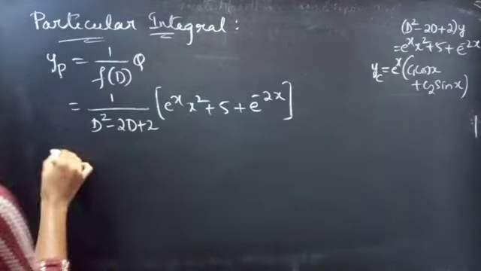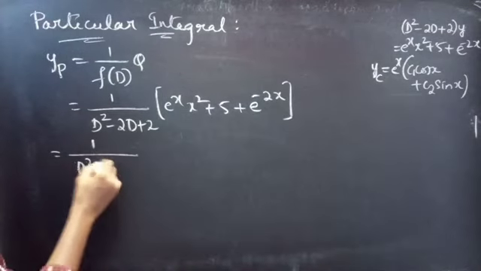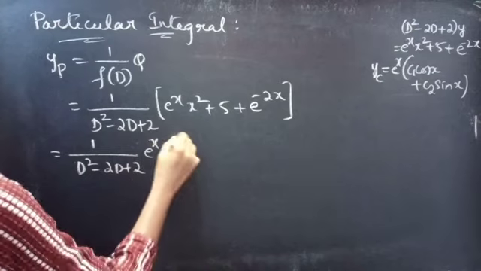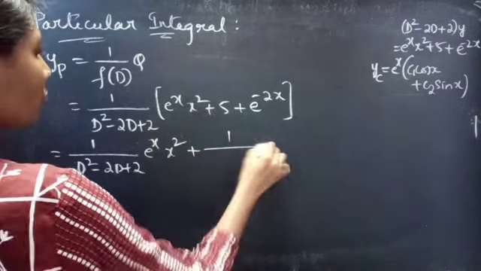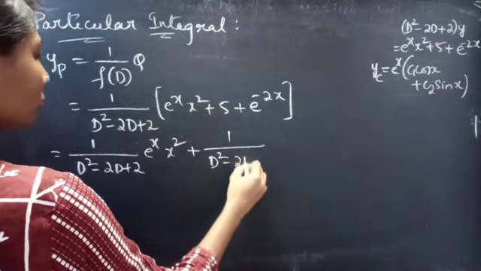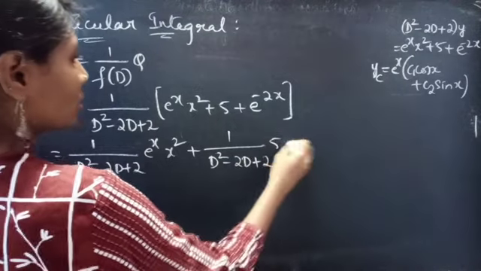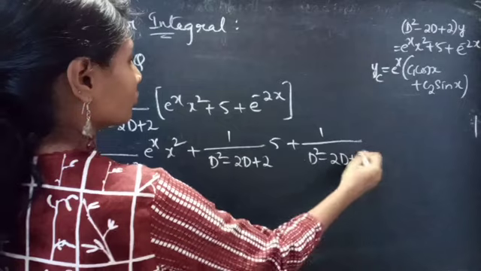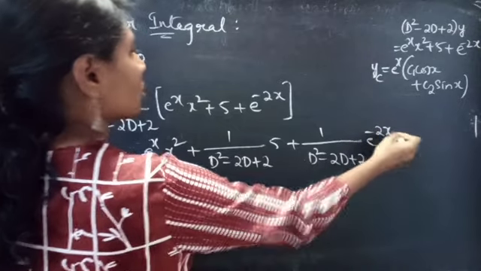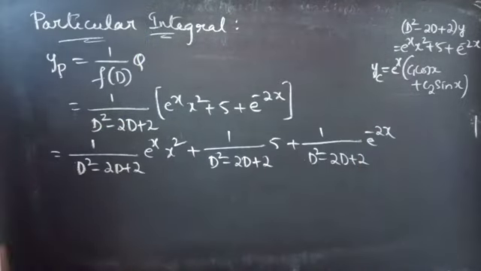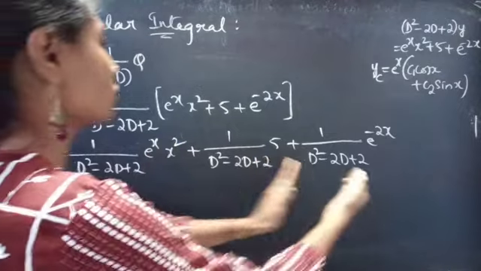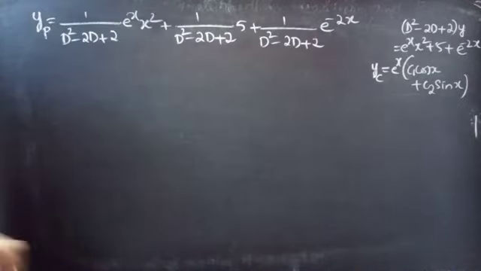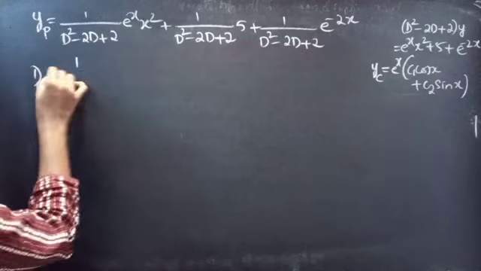We can write it as 1 by f of D into first term plus 1 by f of D into second term plus 1 by f of D into third term. Right? Now we can find each term separately. First let's find the first term.